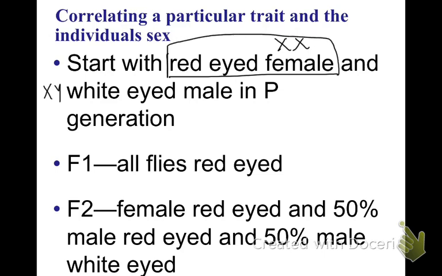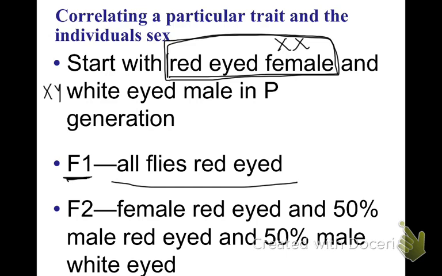In the parental generation, it had always been red-eyed females giving birth to red-eyed females, and so on. Purebred in the parental generation. White-eyed male, that's it.